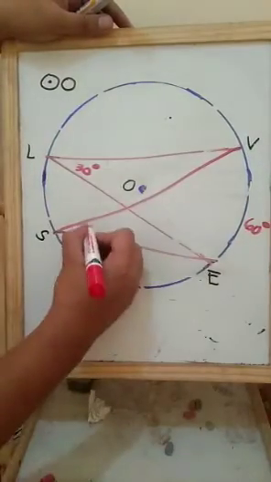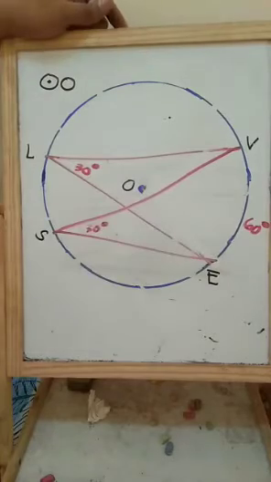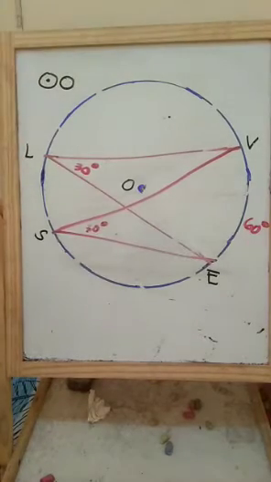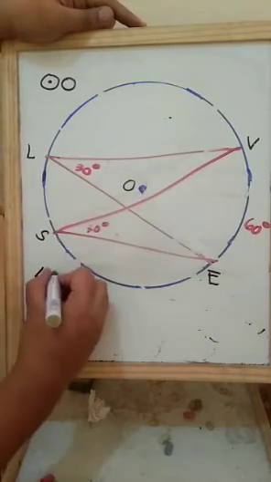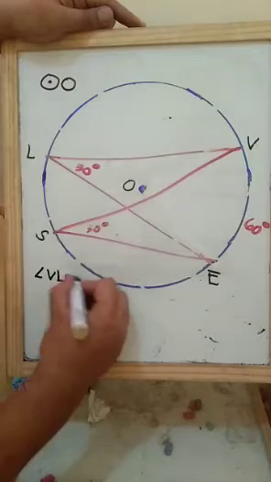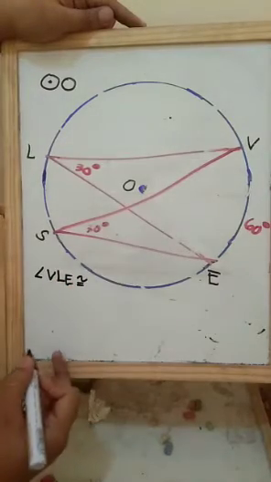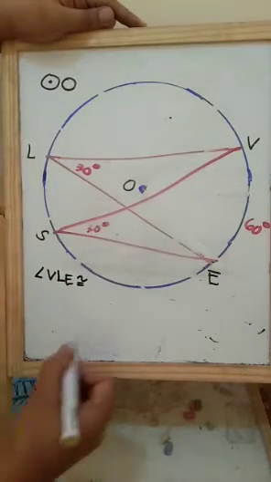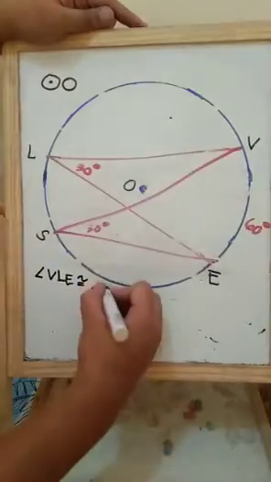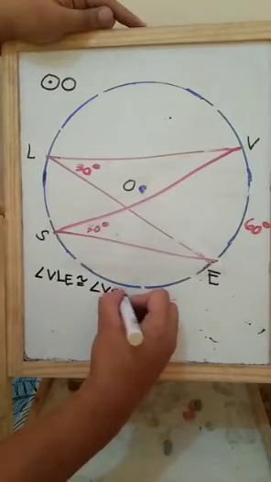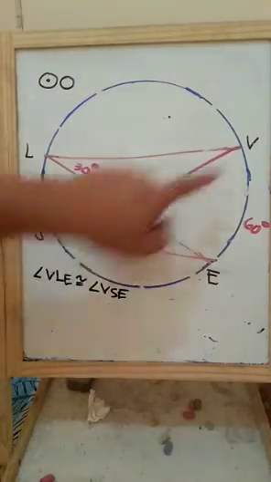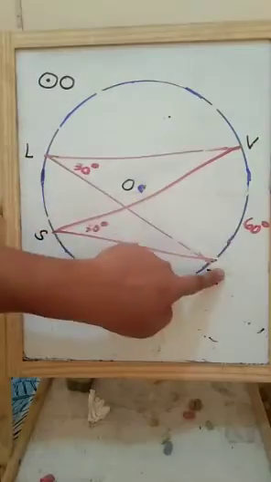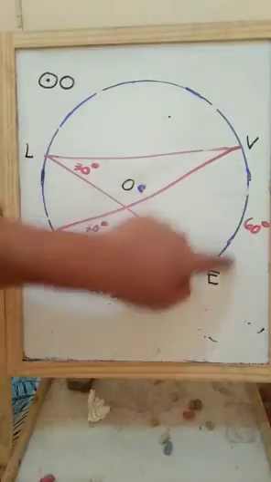Let's have here VSE. So, this would also measure 30 degrees. So, we can say right now here that angle VLE is congruent to angle VSE because these two are inscribed to the same arc, or it is intercepted by the same arc here.